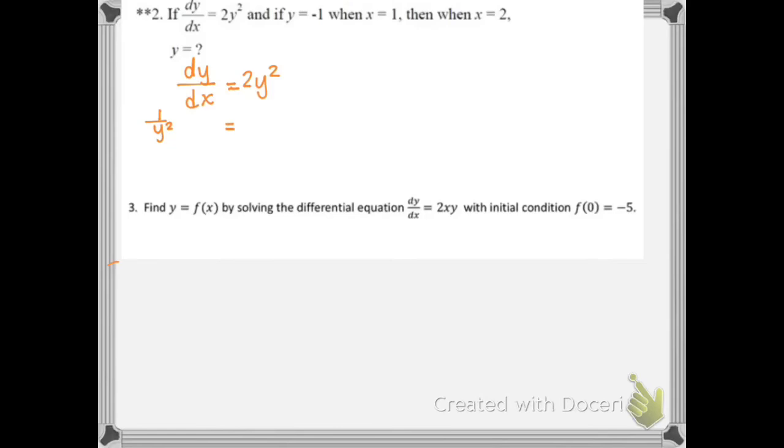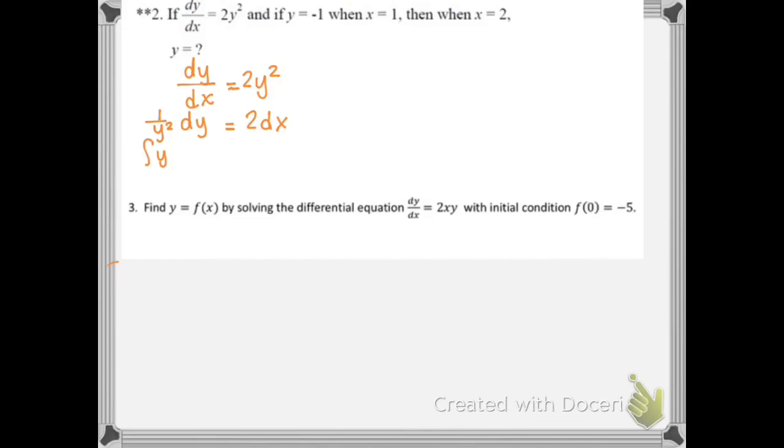And so I don't want to bring over more stuff with the y that I just have to move back to the other side later. So y squared dy is equal to 2 dx. Remember, we're multiplying and dividing to separate the variables. So I'm going to integrate that left-hand side. Remember, that's the same as y to the -2 power.